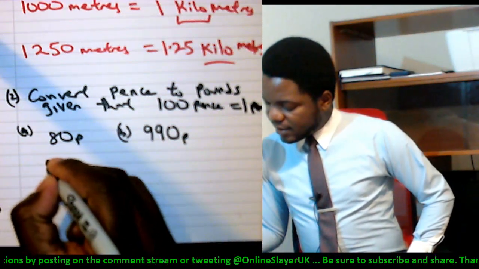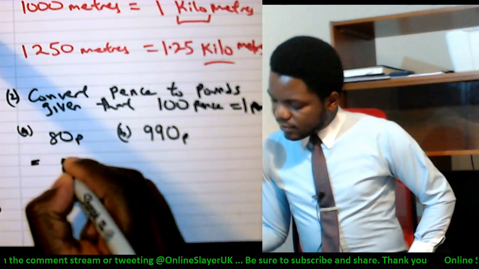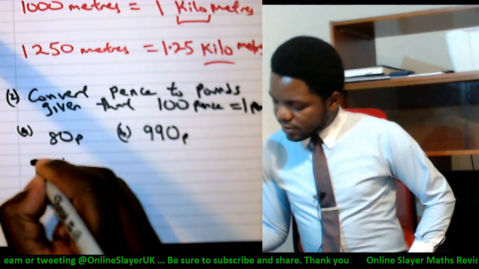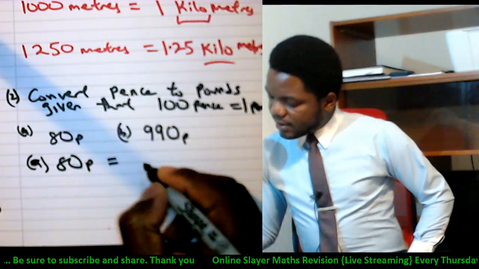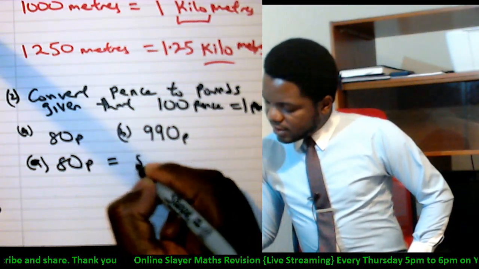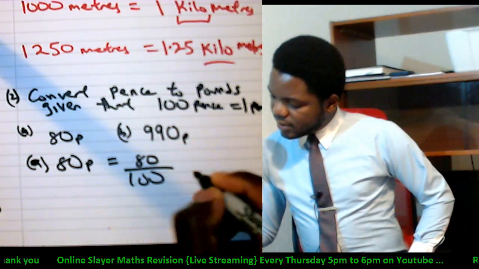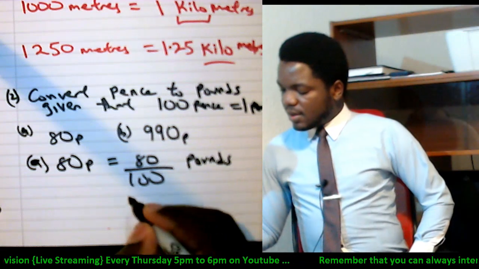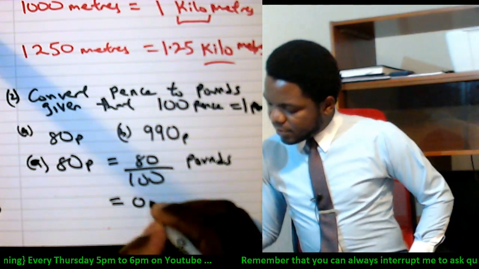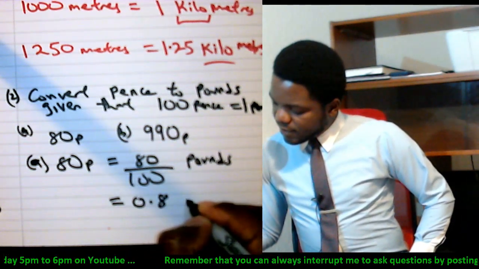So that's basically the first question. 80p is the same thing as 80 divided by 100, and that converts it to pounds, and that is 0.8 pounds.